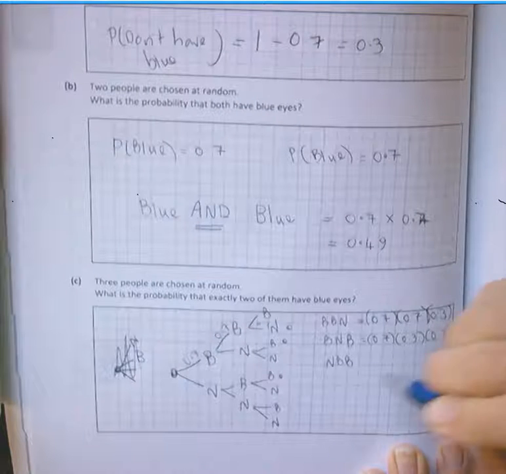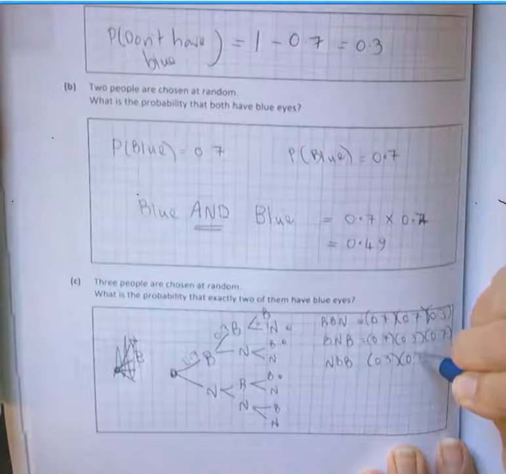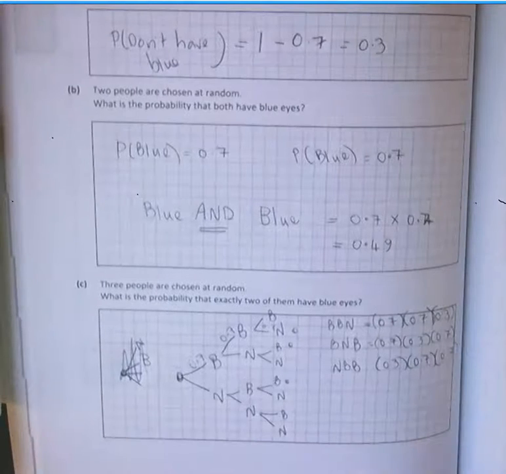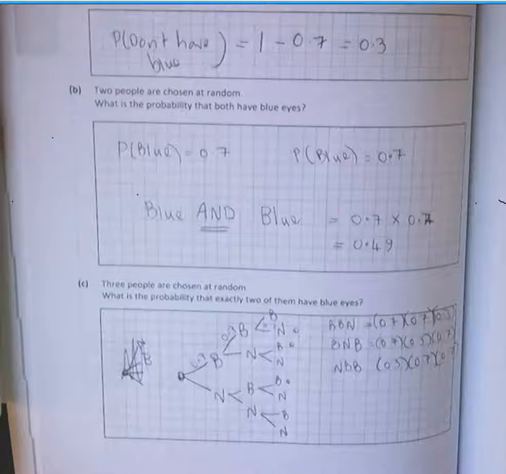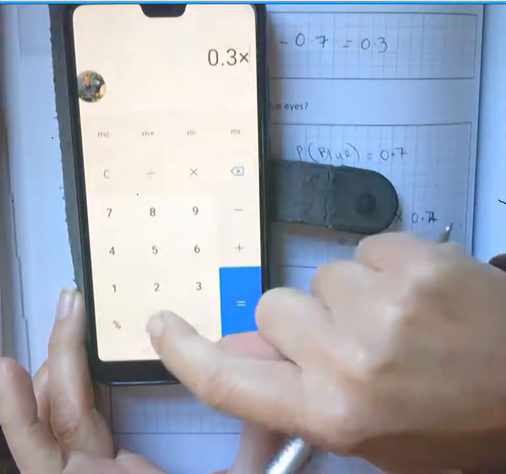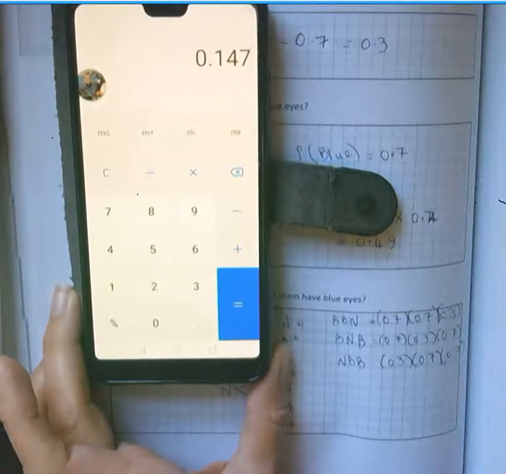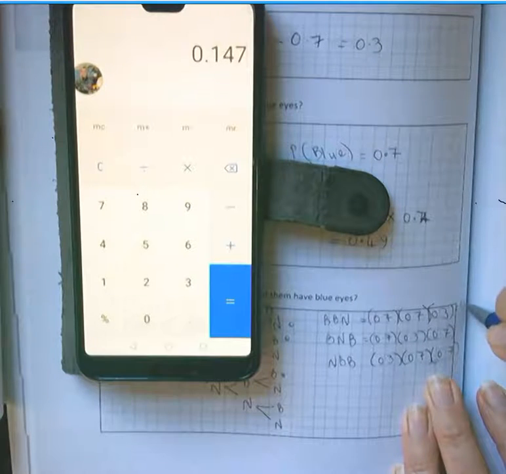On this one we had 0.7, 0.3, 0.7, and on this one 0.3, 0.7, and 0.7. So you get out your calculator and multiply 0.3 by 0.7 by 0.7. Let me do that. I go 0.3 times 0.7 times 0.7, and I get 0.147. So each of these lines is equal to 0.147.